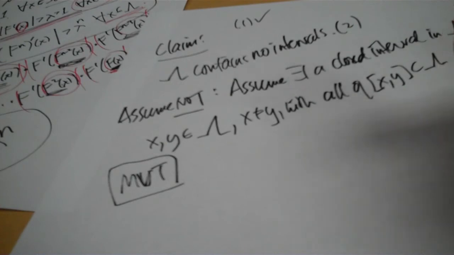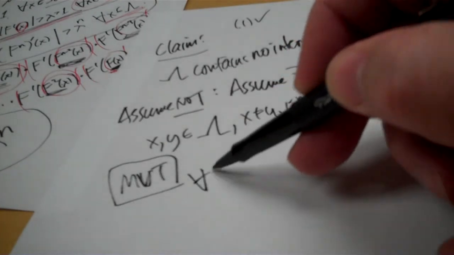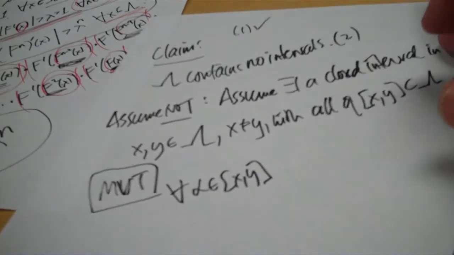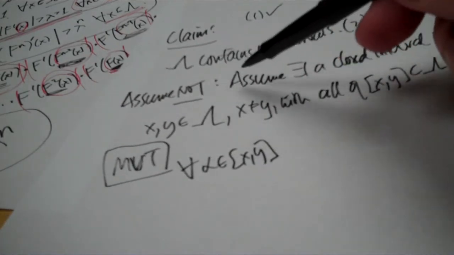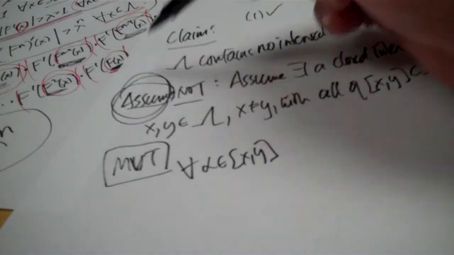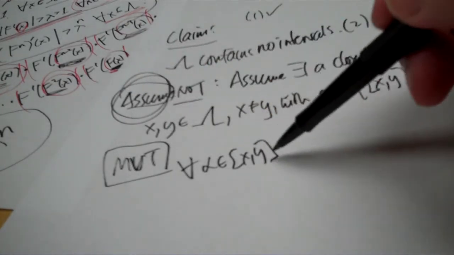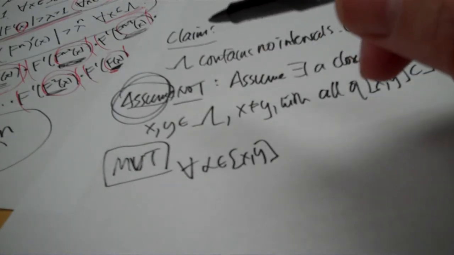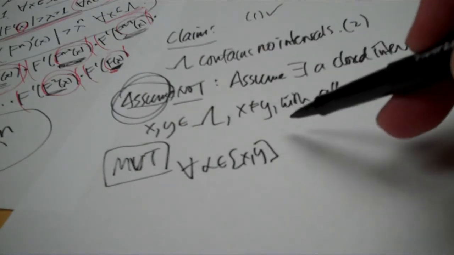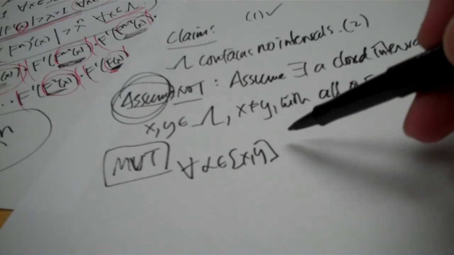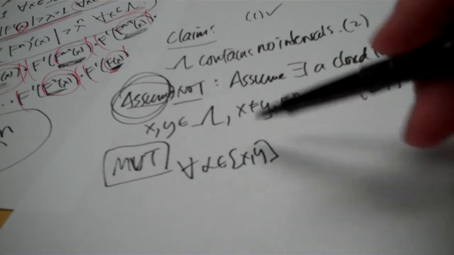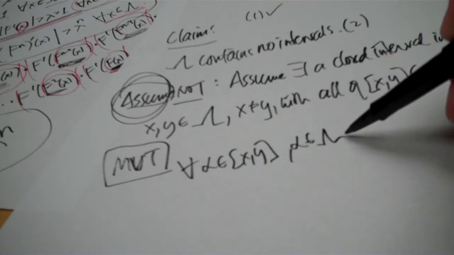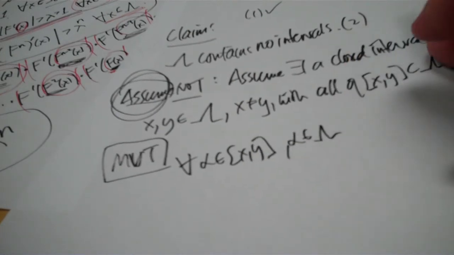So what we've got from up above is that for any number in this interval x and y, where x and y are these particular 2 points now in this assumption. Here's the assumption, right? That we've got a couple of points where everybody in between them stays in the set. But we know from that previous page that any alpha that's in there is also in lambda, because we just said the whole interval is in lambda.